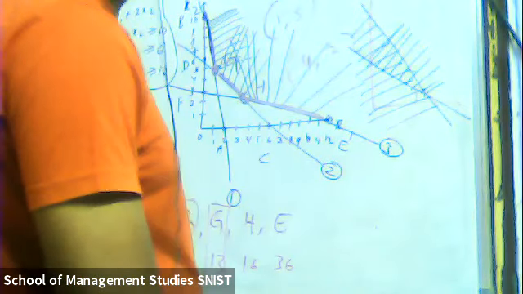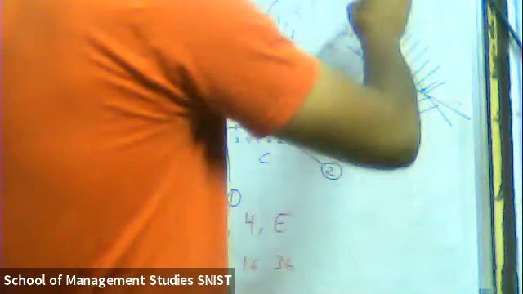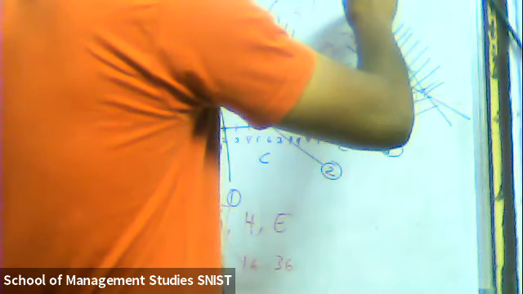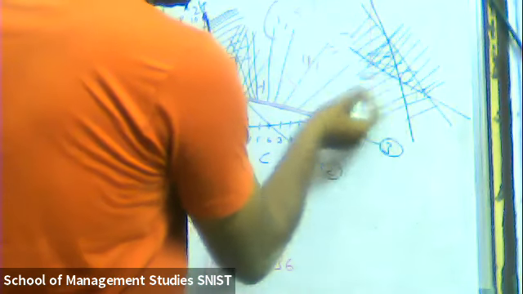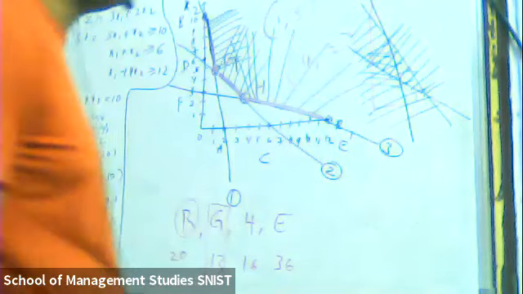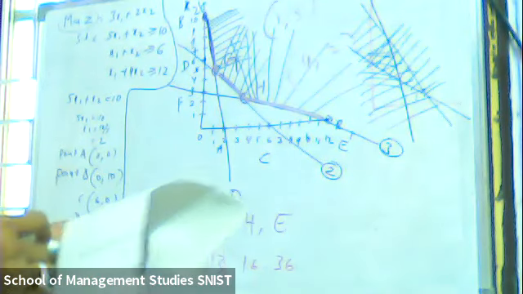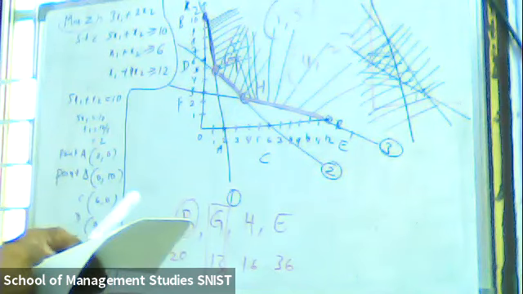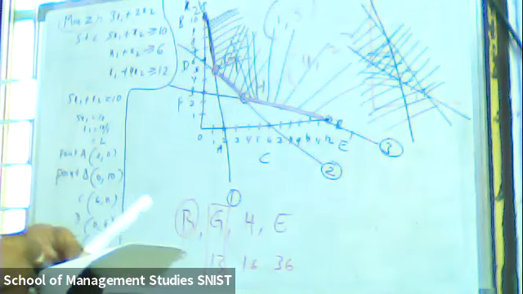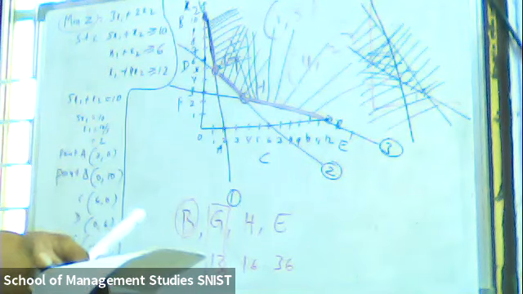And one more which I got is maybe less than or equal to like this, which is towards the origin. Now which area do I need to take? One is greater than, one is less than, and one more is less than.